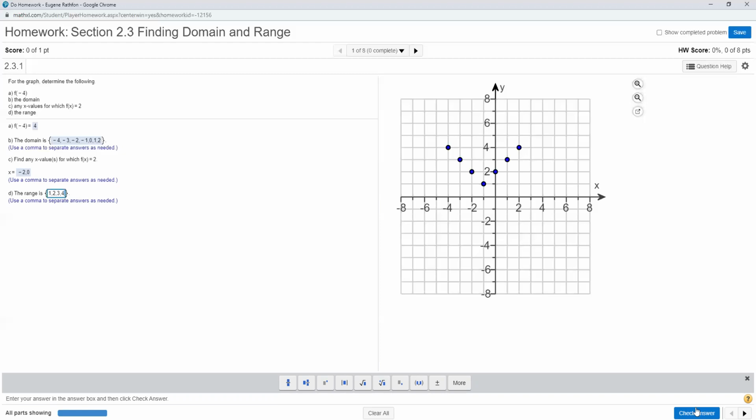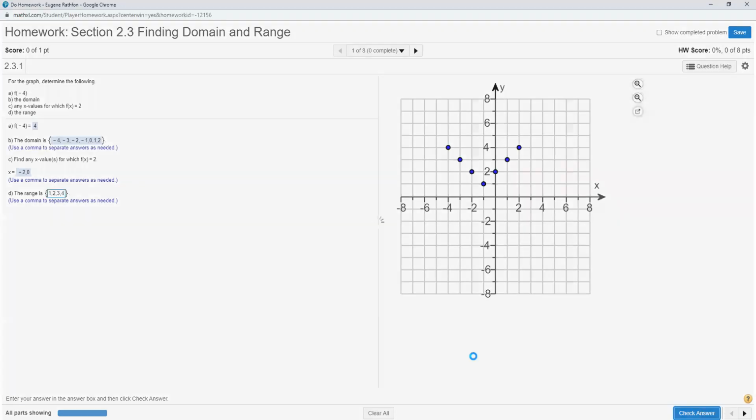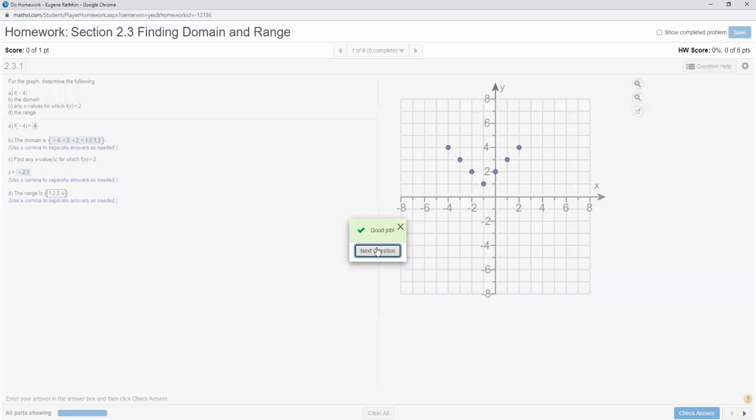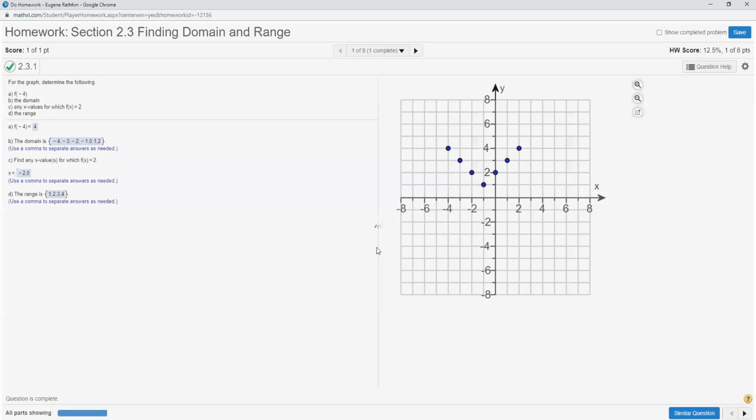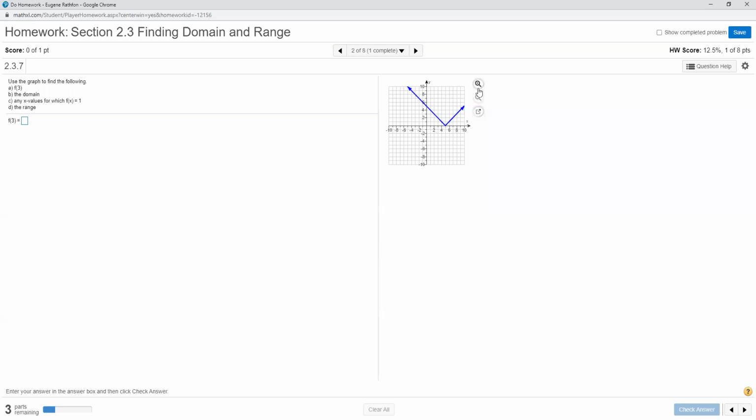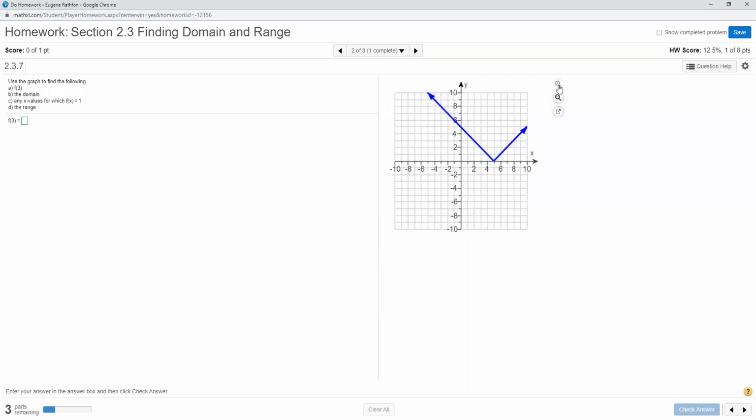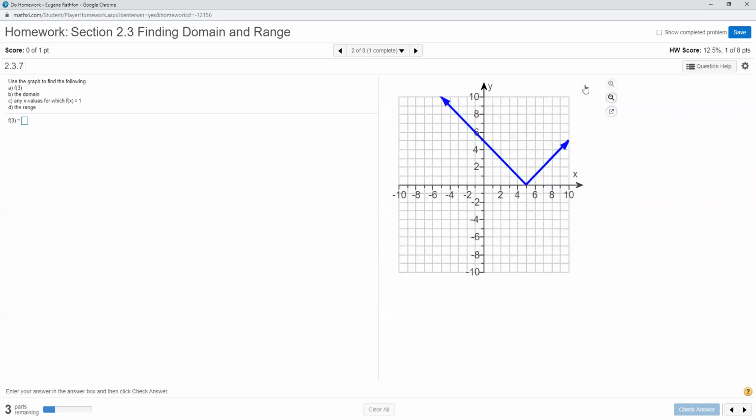All right, y'all, then we would check answer. And we're moving on to the next question, and it's going to be really similar to that one. So we'll do these, and then we'll play with the domain stuff. So let's zoom in on this graph again. All right, so this one says, what is f of 3?